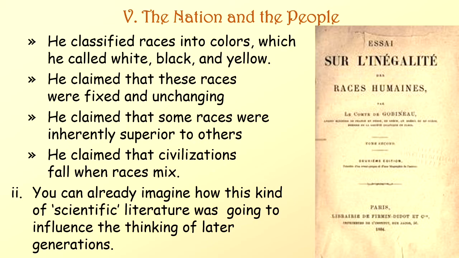And he claimed that these races were fixed and unchanging. And he claimed that some races were inherently superior to others. And he claimed that civilizations fall when races mix. And I'm sure you can imagine how this kind of scientific literature was going to influence the thinking of later generations.